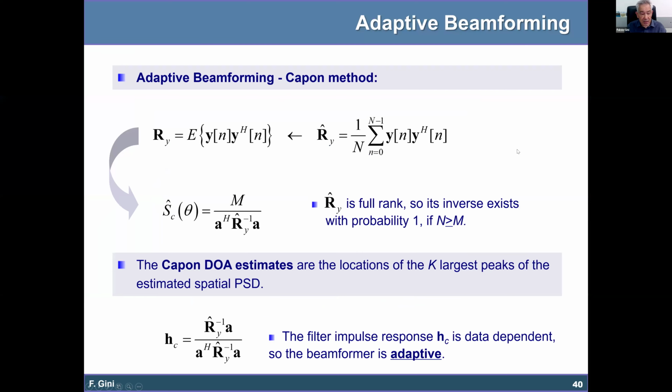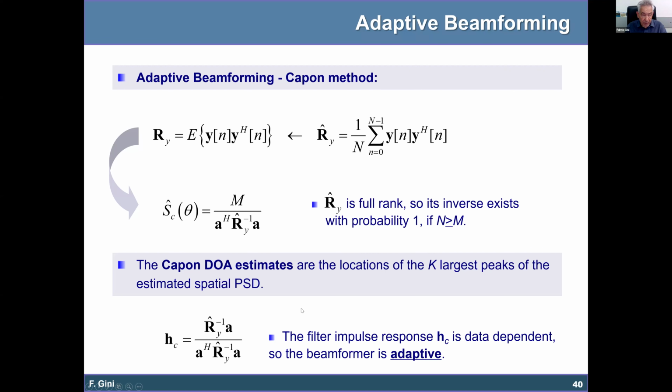So we can estimate the direction of arrival of the sources that are present in the environment by looking at the location of the K largest peaks in the estimated spatial power spectral density. This beamformer is also adaptive because the impulse response of the Capon beamformer depends on the data through the sample covariance matrix. So that's why it is called adaptive.